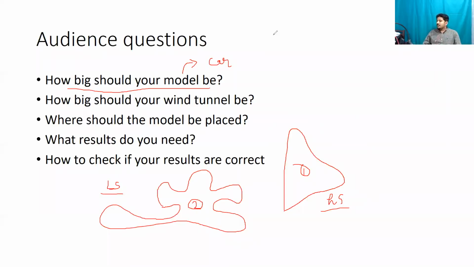So here d is basically your characteristic dimension and V is your velocity, correct? So your characteristic dimension could be, say, the length of your car, and when you scale it perfectly in all directions equally, when you reduce it by a factor of 10, your velocity should automatically increase by a factor of 10, right? And only then you will get the same Reynolds number.